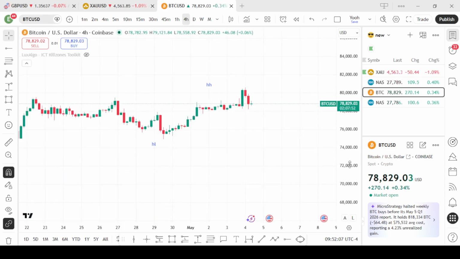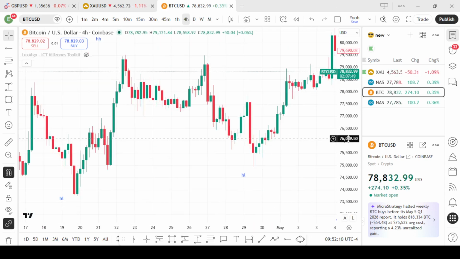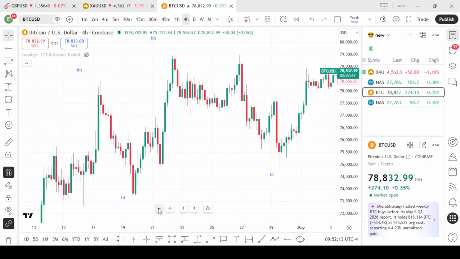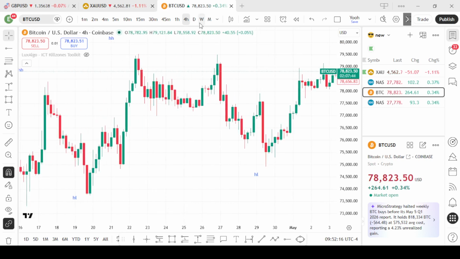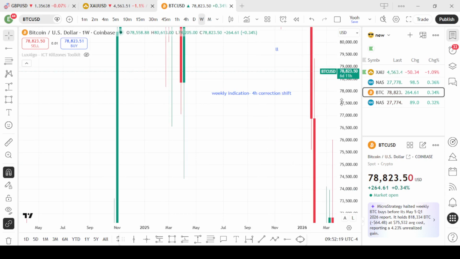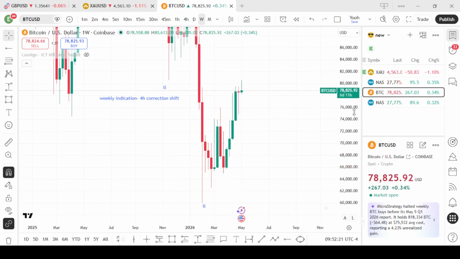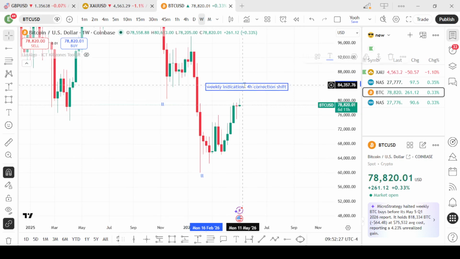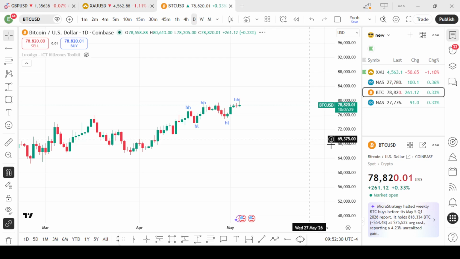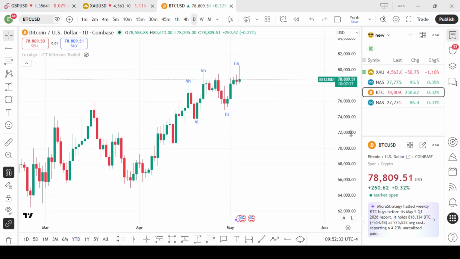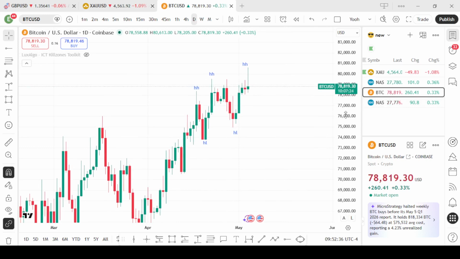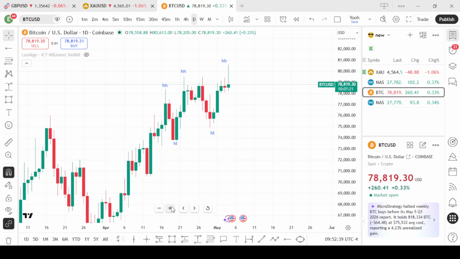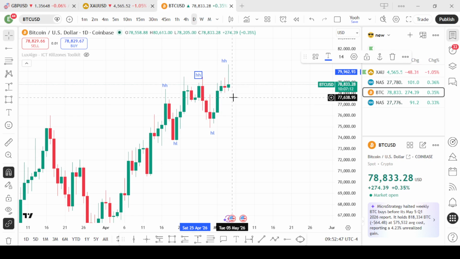We had said that the correction should be seen on the 4-hour, but we can still use the daily to see when the correction will end, because the daily is giving us a very transparent overview of the market.